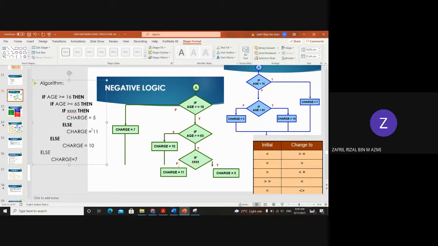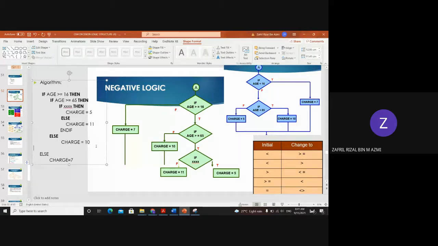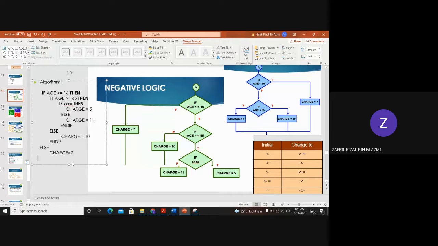Then all the else should be ended with an endif. See, there will be some marks over here, and endif, and then this one also gets an endif because it is a different set of decision. Else and endif.